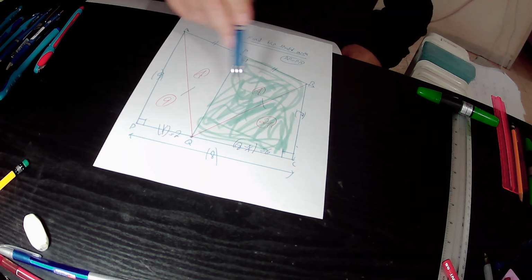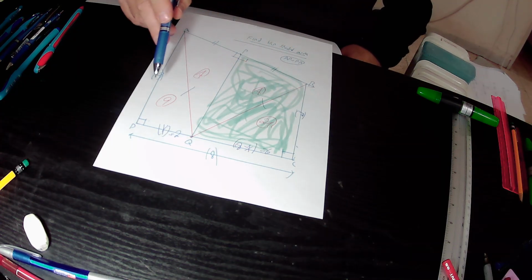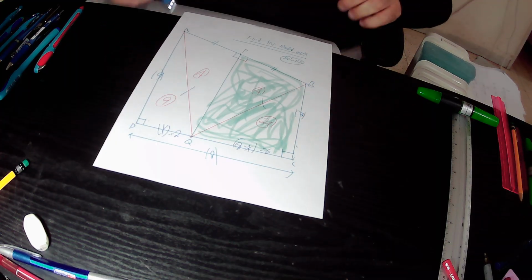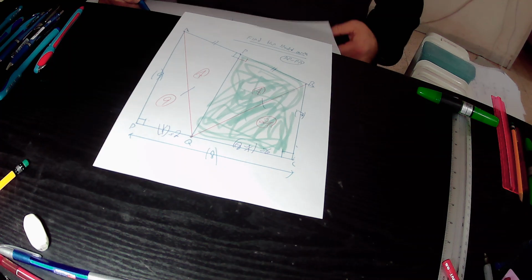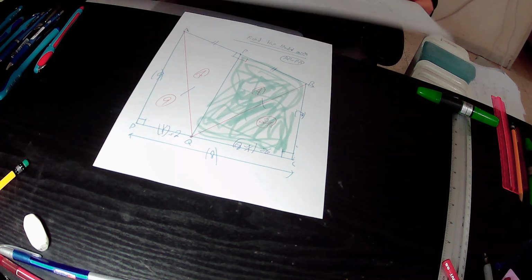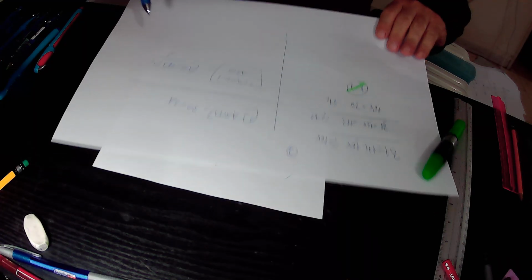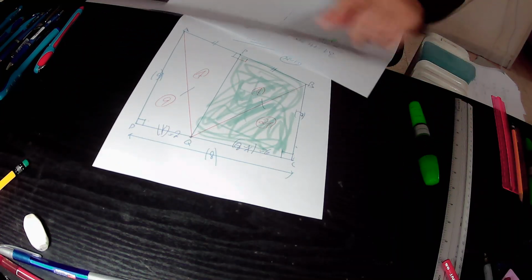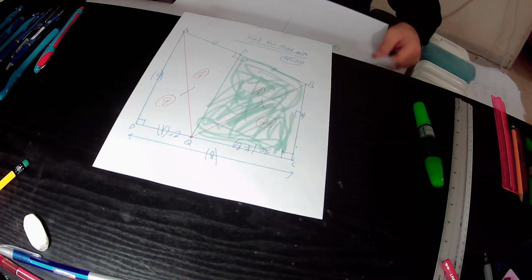The height must make a right angle with the base. DC definitely makes a right angle with those two bases. Therefore, DC is the height to the base, divided by 2. So we found that the area of this trapezoid ABCD equals the sum of the two parallel bases, AD plus BC, times DC over 2.